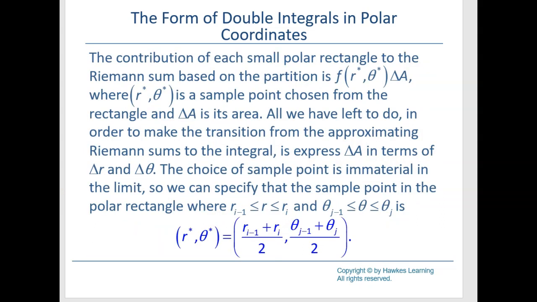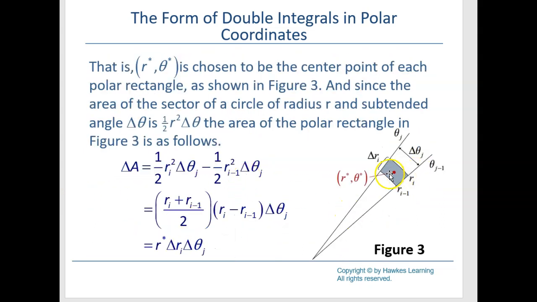So in that picture, we end up with a value that falls between these two thetas and these two r's. It's just the average of those two r's, and we're plugging it in right in the middle of this theta. And that represents one of these regions. But what we want you to see is that it's not like before.